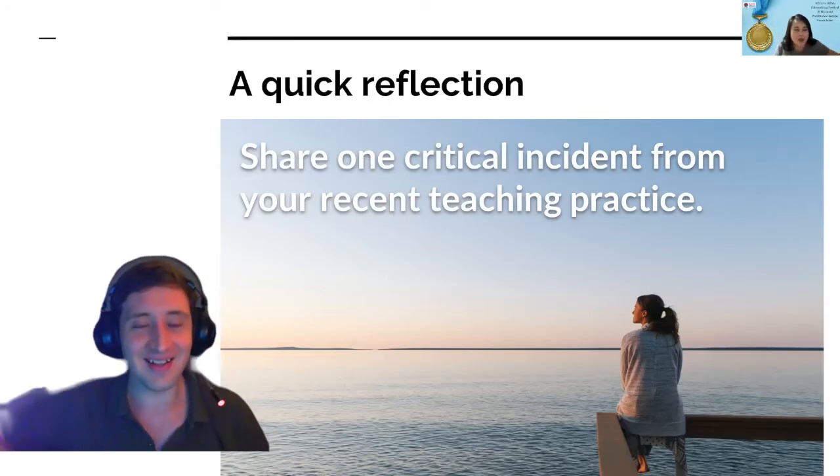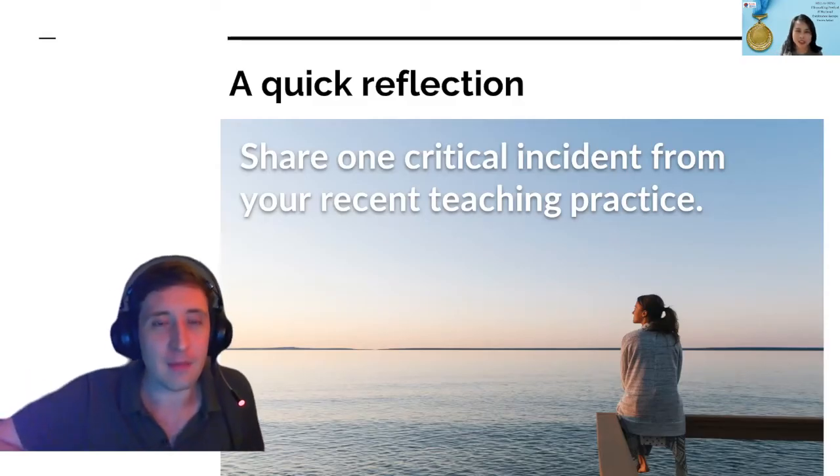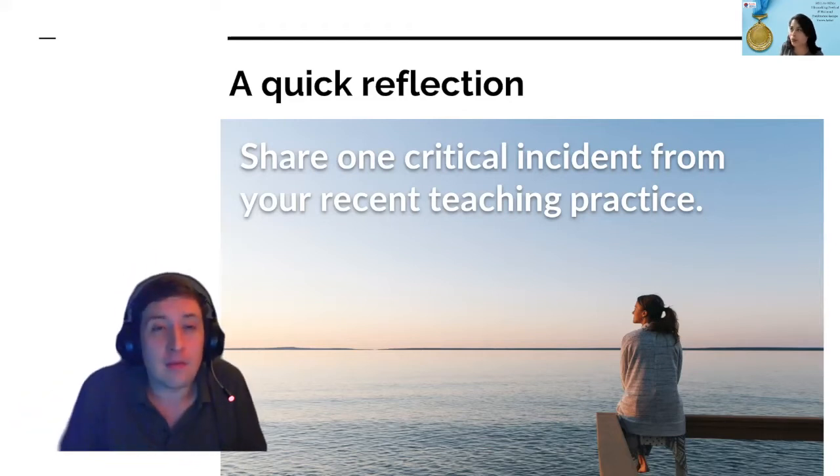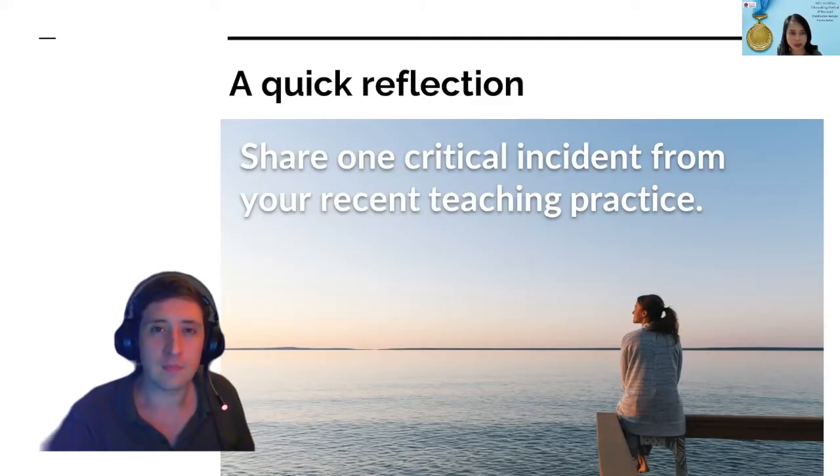Let's see. So I was trying to think of a critical incident recently. I'm teaching presentation right now, and it's a bit hard because they assign us classes by major as opposed to skill level when it comes to their ability to speak English.